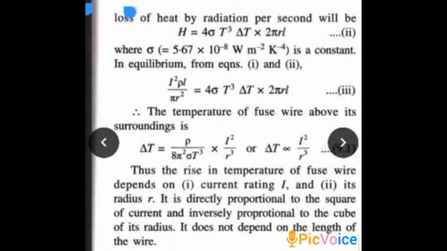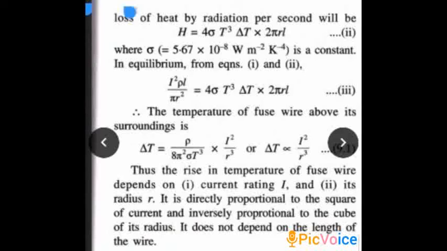You will do the derivation in the notebook once and see the calculations. If you don't understand, please ask me on the group. So delta T we can write is directly proportional to I square upon r cube. So rise in temperature is directly proportional to I square, and rise in temperature is inversely proportional to r cube.